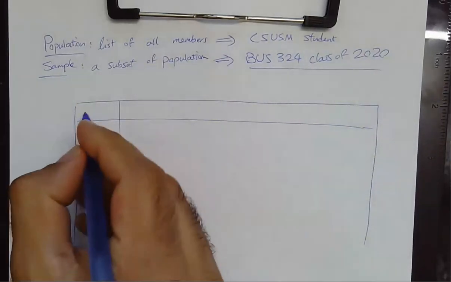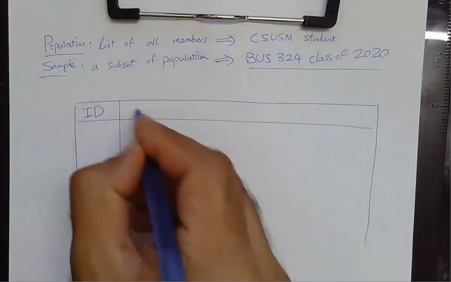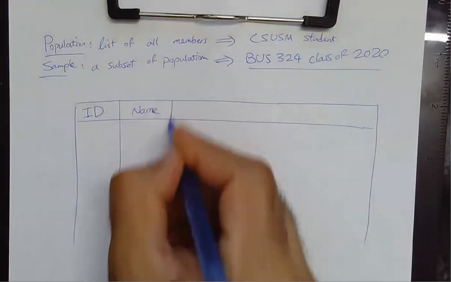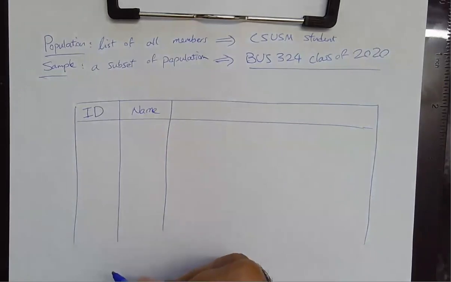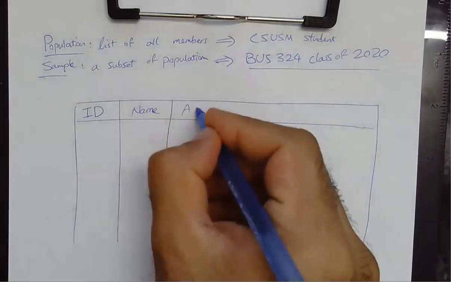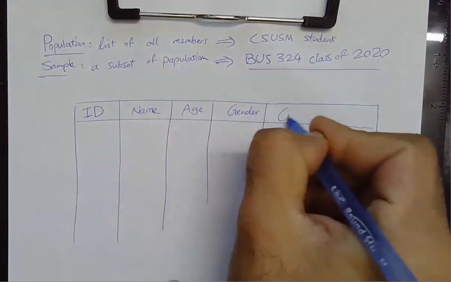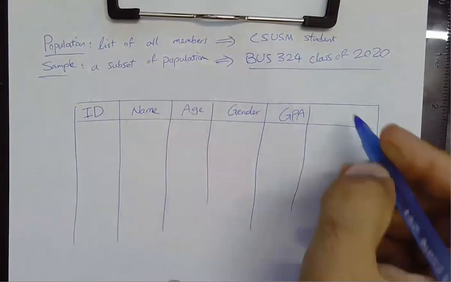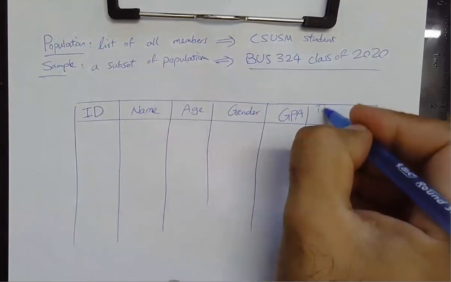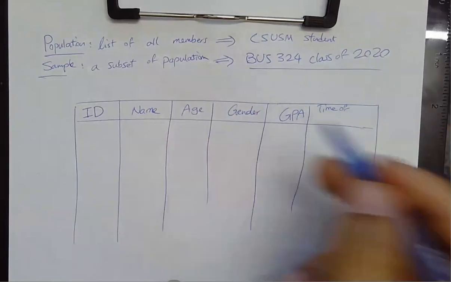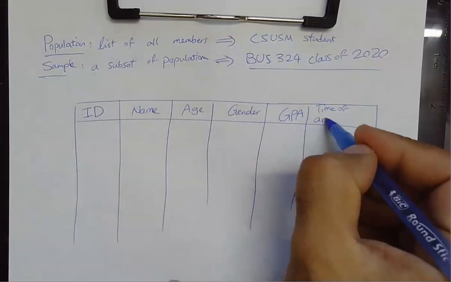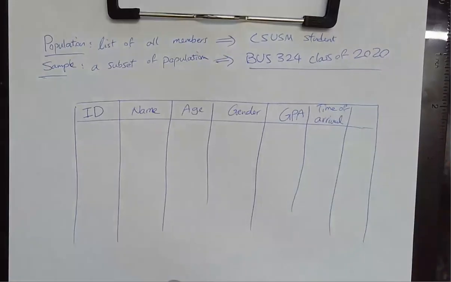We may have ID, student ID, we have name, age, gender, GPA, time of, like, birthday, time of arrival to class, and so on, right? The mood, a picture of you, a sample voice of you, and so on.